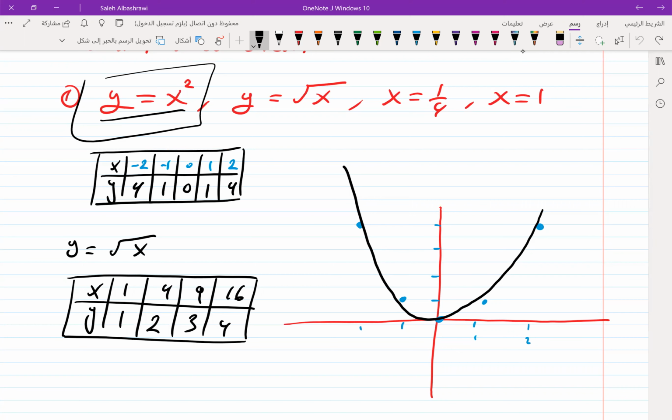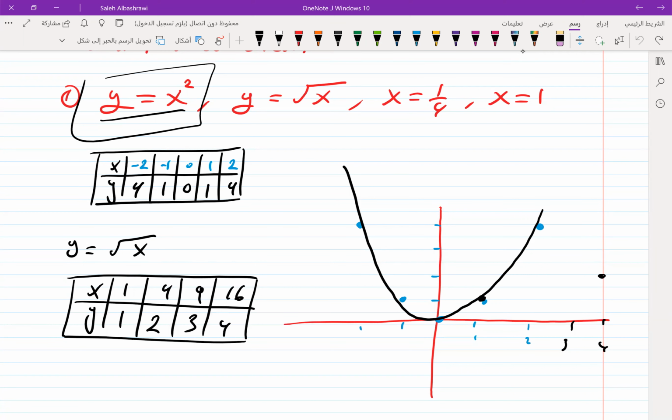So it is 1 and 1. At this point there. 2 and 4. Sorry, 4 and 2. This will be 3 and 9, and 4 will be 2 somewhere there.